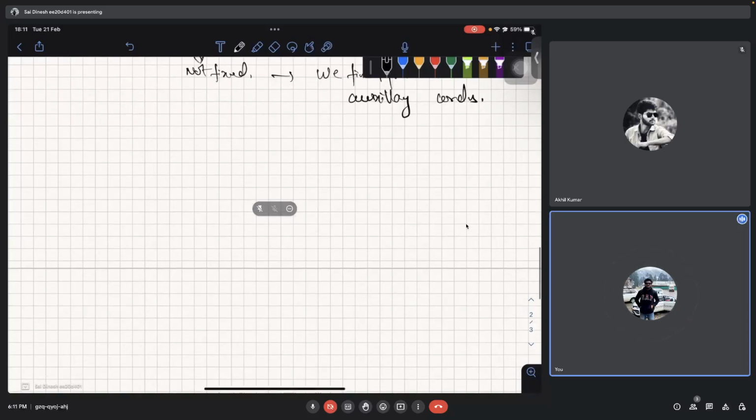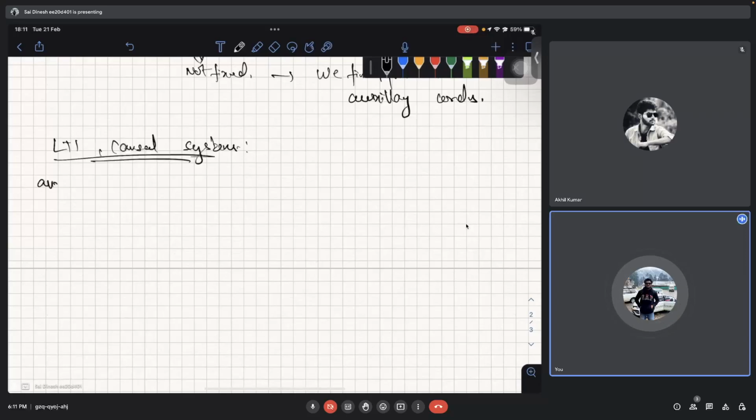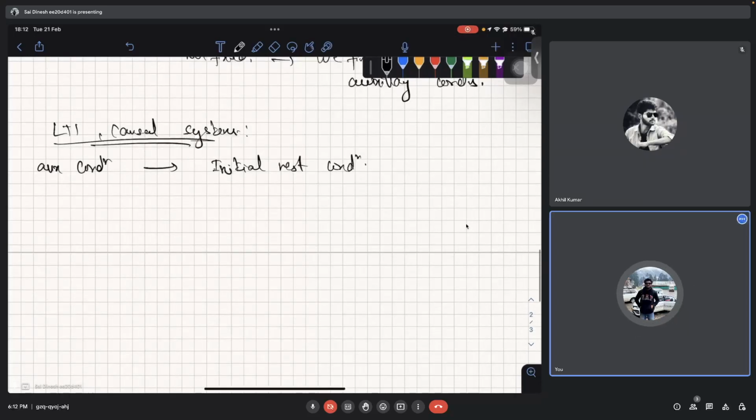For our case, we are considering LTI and causal systems. For LTI causal systems, the auxiliary condition that we take is the initial rest condition. The initial rest condition means that if input x of t equal to 0 for t less than 0, the output y of t is also equal to 0 for t less than 0.